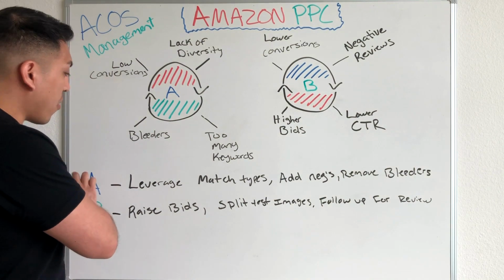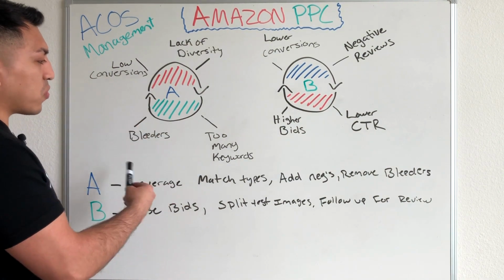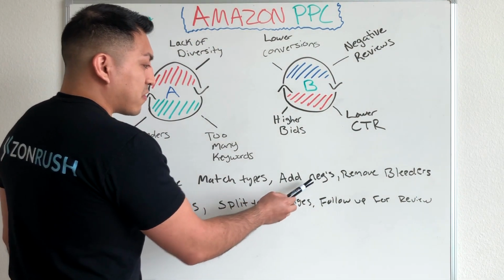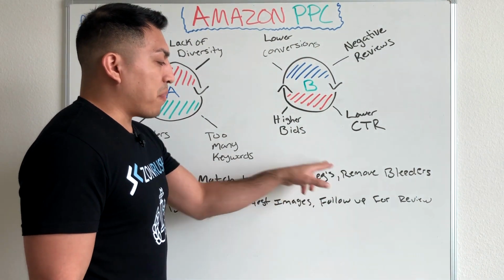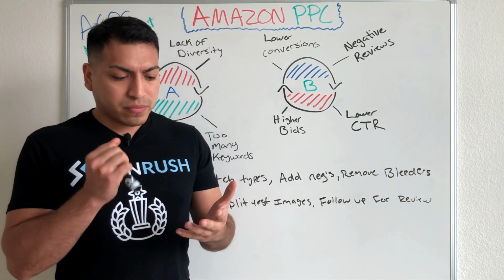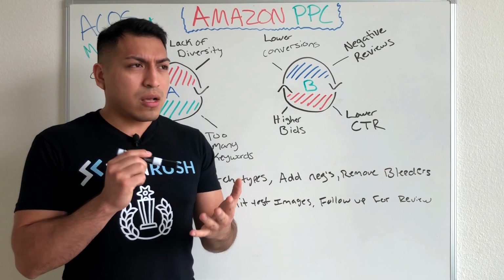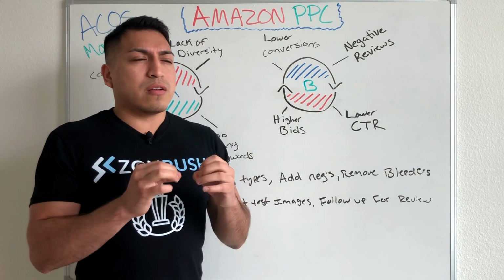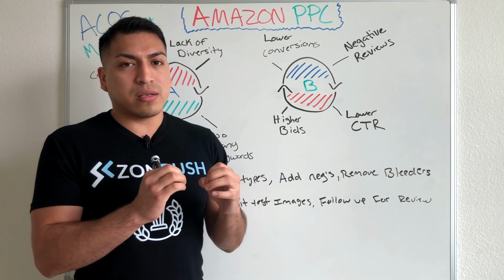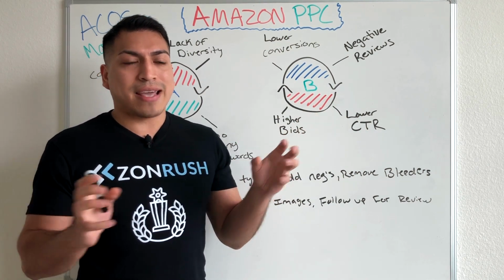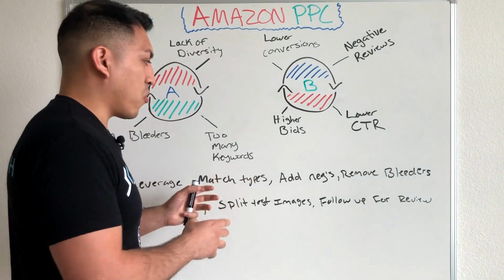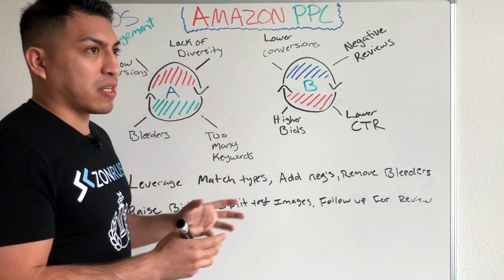So for scenario A, I just went over this, but you're going to want to leverage match types and add negatives. Adding negatives is also very powerful, because a lot of times, especially in broad, phrase, and auto campaigns, because of the way the title's structured, Amazon can put your product in a few completely different categories just based on the keywords in your title.